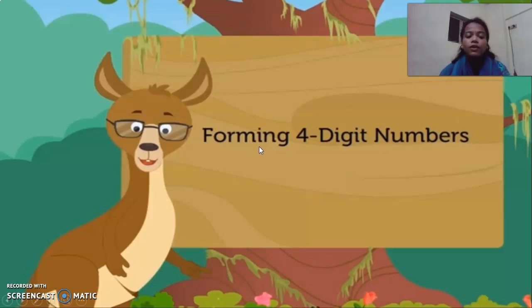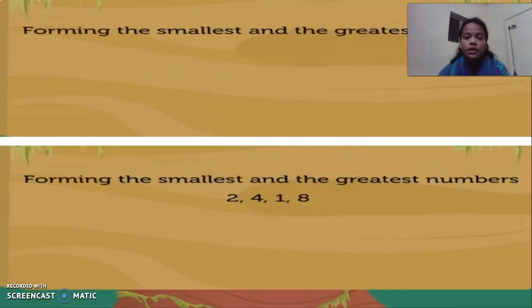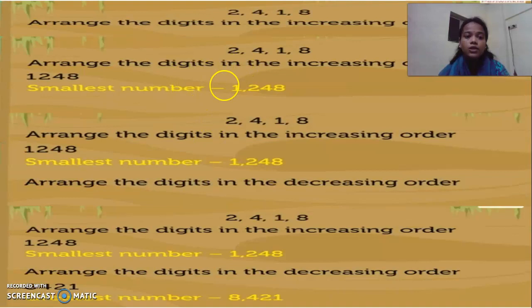Now, we shall learn one more concept in number work, that is forming 4-digit numbers. Firstly, we will learn how to form the smallest and greatest number. Let us take the digits, and your digits are 2, 4, 1, 8. To form smallest number using these digits, we arrange them in increasing order.